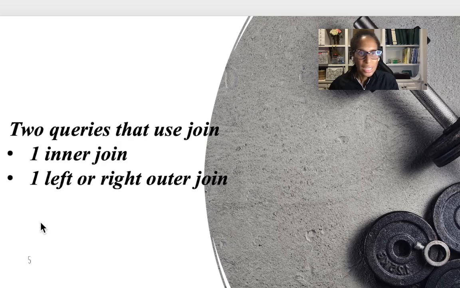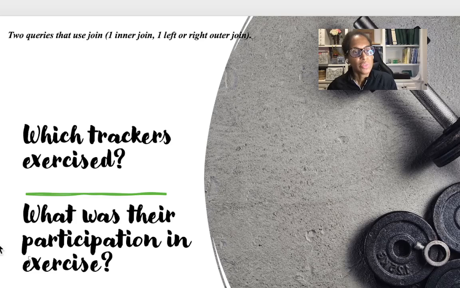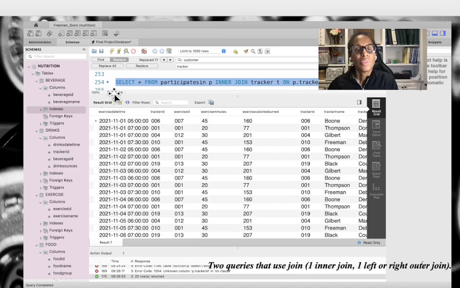We learned about joins and had some example queries for that. Here's one: which trackers exercise, and what was their participation in exercise? We ran our statements. We selected everyone from participates, and we did an inner join on tracker ID. Participates in is where people recorded when they exercised, what they did, how long they did it, and how many calories they burned.